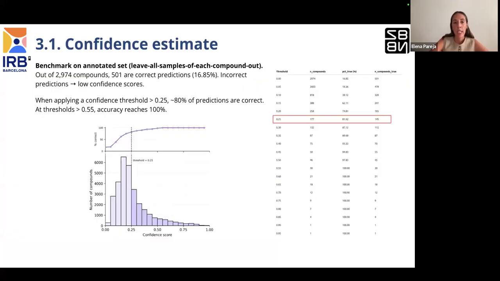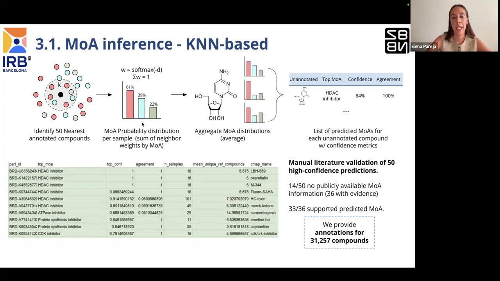For this, we try to benchmark our confidence estimate, and we design a benchmark with the annotated samples. We leave all the samples of one annotated compound out, and then we predict the mechanism of action using the same scheme.